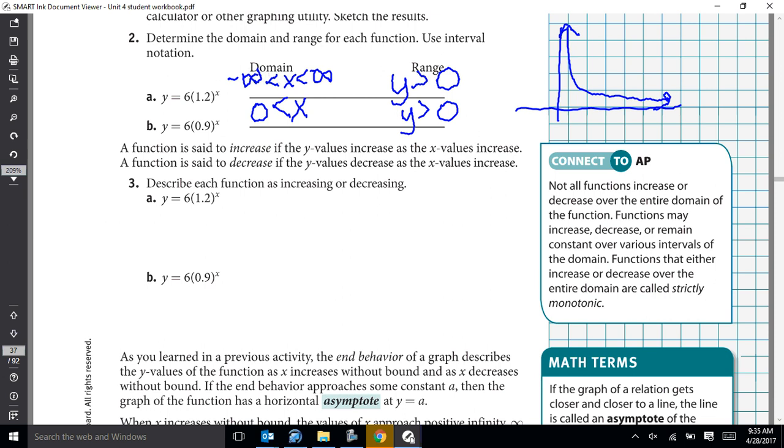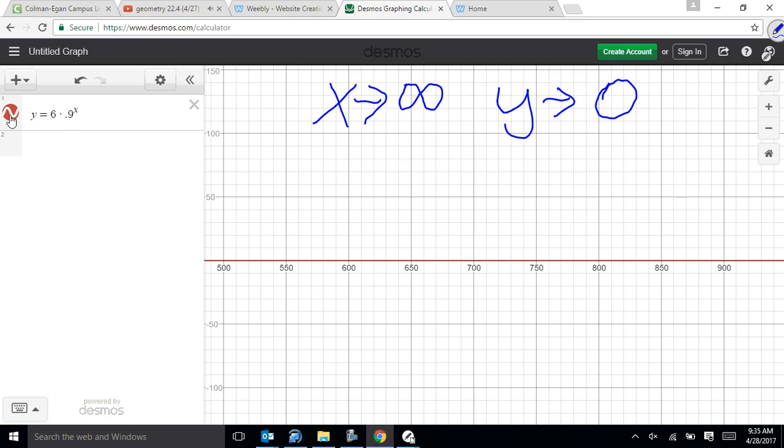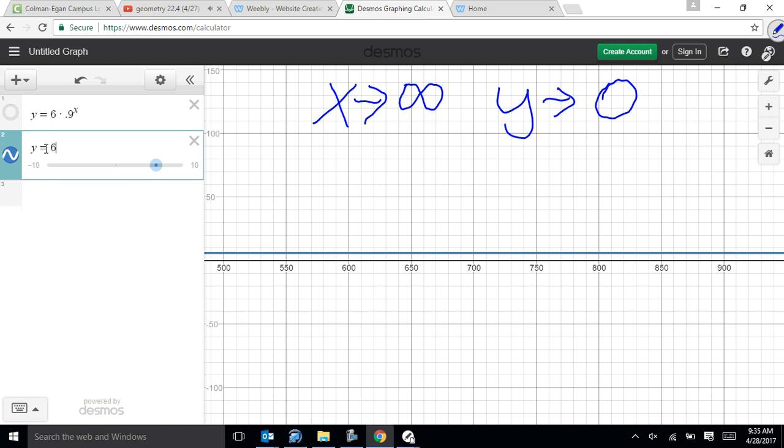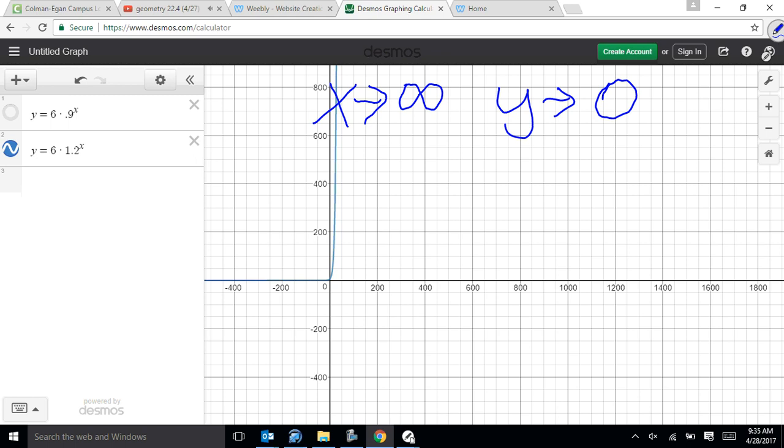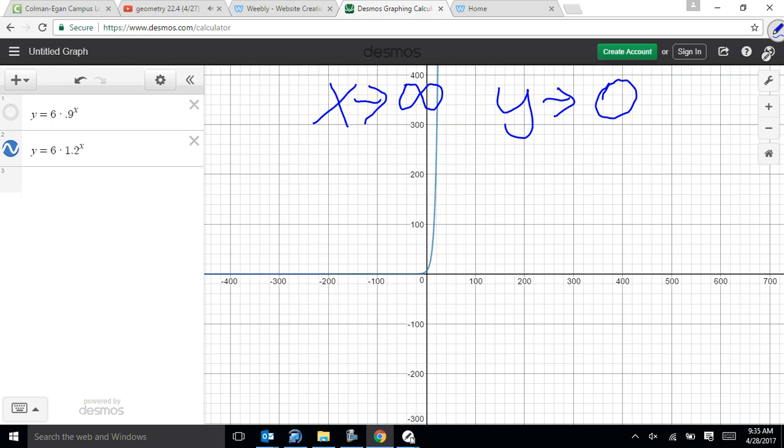All right, so for this one, for 6 times 1.2 to the x, was that an increasing or decreasing function? We can look at that again. All right, so for this one, what did we have?